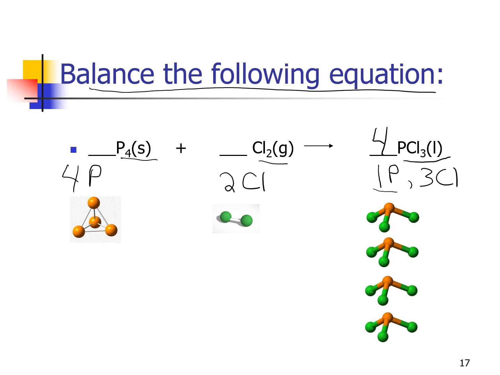So now we have 4 molecules of phosphorus trichloride, and that now gives us 4 phosphorus and 3 times 4, 12 chlorines. Now our phosphorus are balanced in the reactants and the products. So in order to balance our chlorine, we need to multiply by a coefficient of 6. So 6 times 2 will give me 12 chlorines. So now we have a balanced reaction.